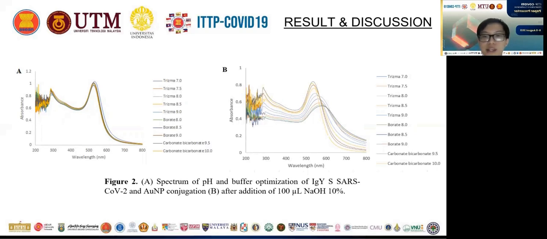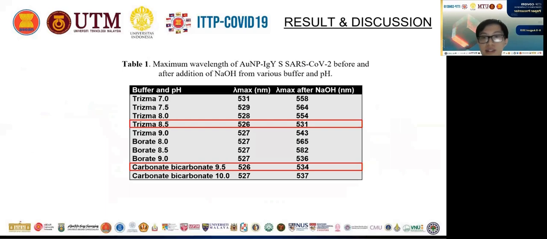The sodium hydroxide is used to decrease the stability of the conjugate, so we can see which one is the most stable one. And we will choose the least wavelength shift between the bare gold nanoparticle and after the addition of the sodium hydroxide. And this is the table of the wavelength before and after addition of sodium hydroxide.